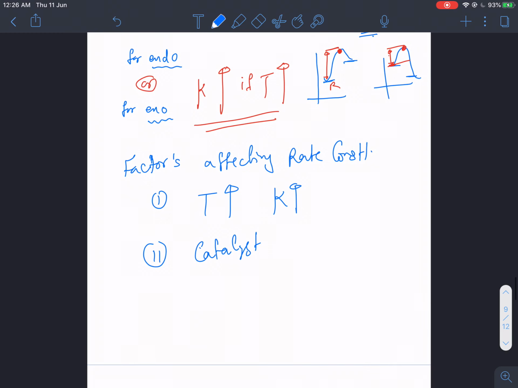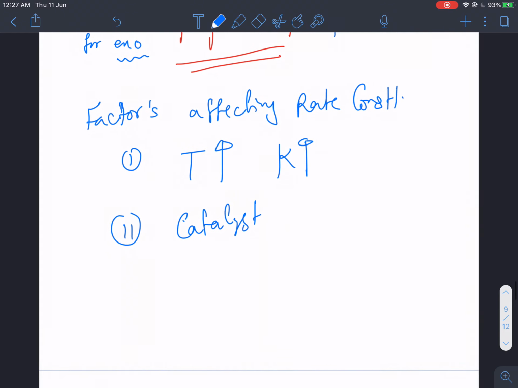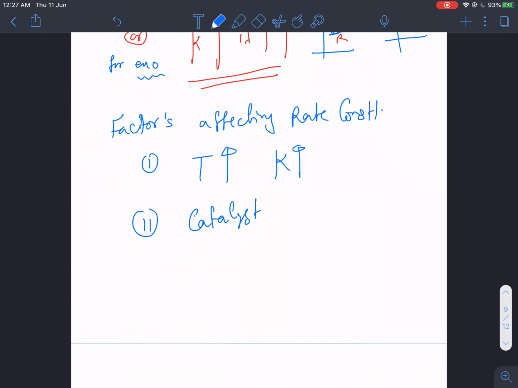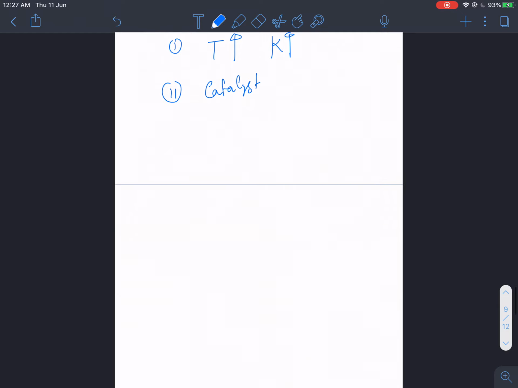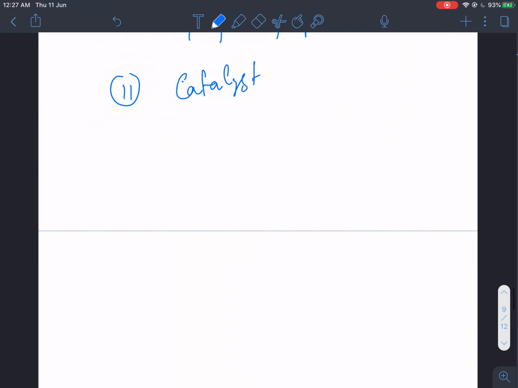If the rate is increased by addition of some substance, then we say it is a catalyst, and if not, then we say it is a poison or moderator. Okay, so catalyst means something which will increase the rate, and how will it do that? Now for that I would like to introduce one particular thing.